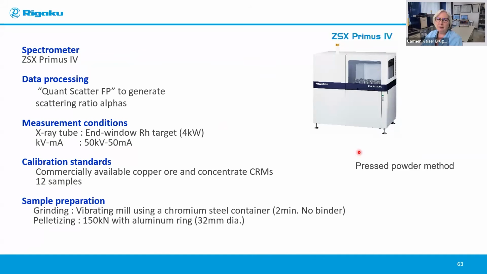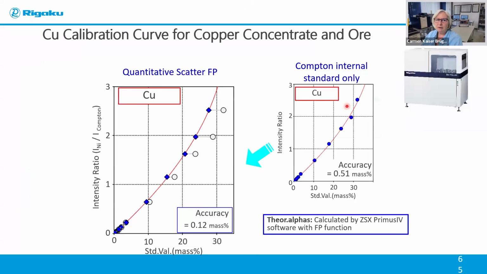The applications that I show you will be the pressed powder still. And of course, the copper calibration curves from the instrument showing you differences between the two matrix corrections. So the quantitative scatter FP and only using the internal standard.